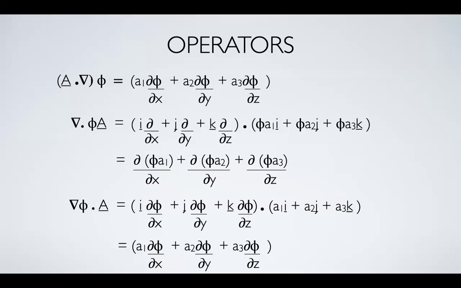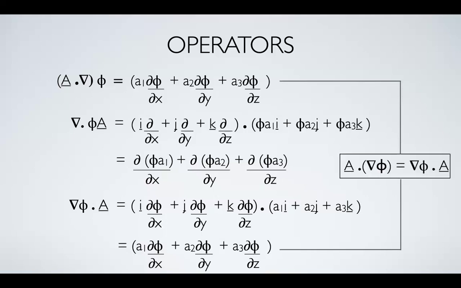D phi by dx is also scalar, so they can switch. In this case, it can switch. Okay, good. So now you can see which pair are equal? 1 and 3, right? So the first and the third term here are equal, okay?